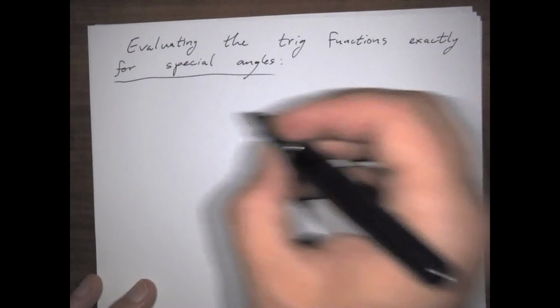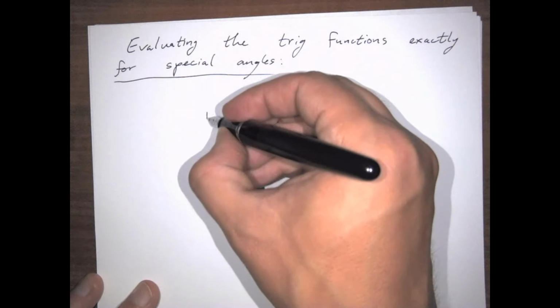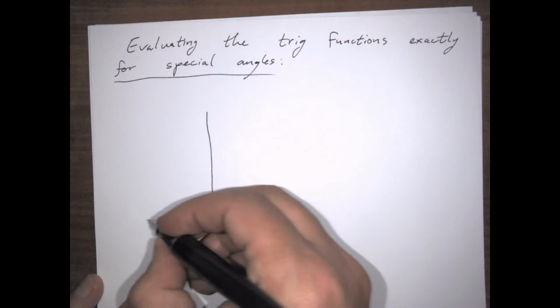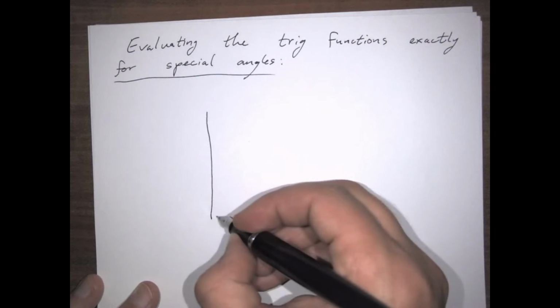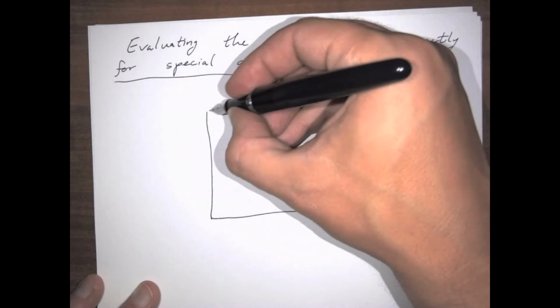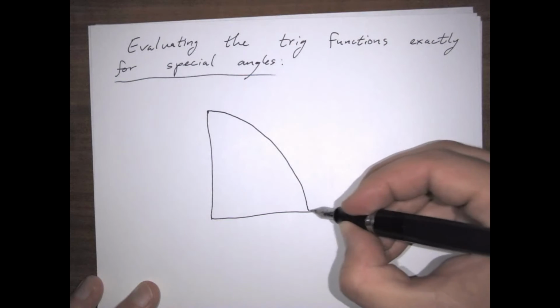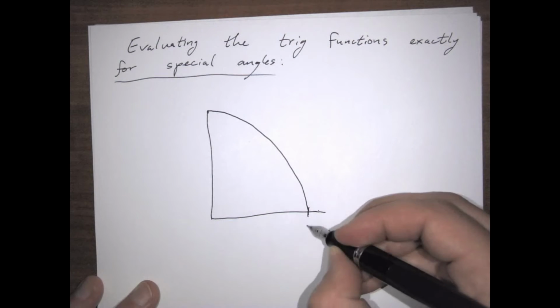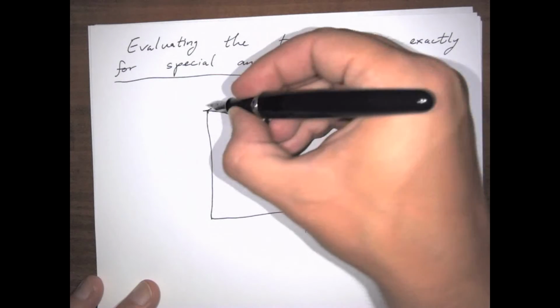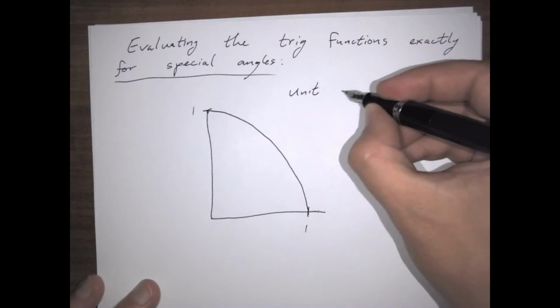All right, so the special angles. So let's just start with quadrant 1 of the unit circle.